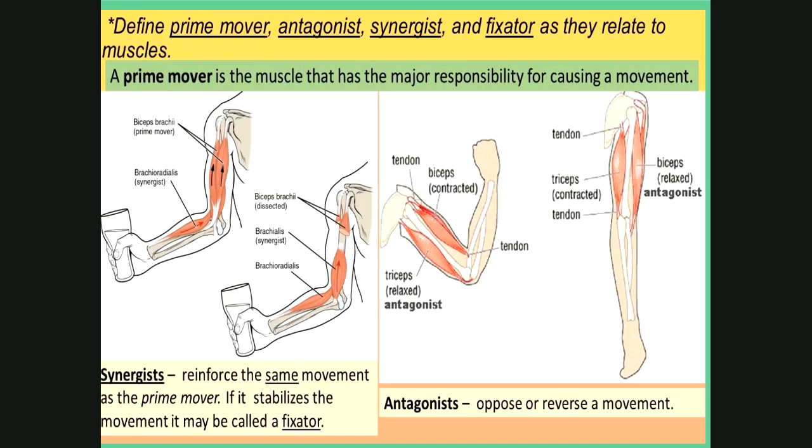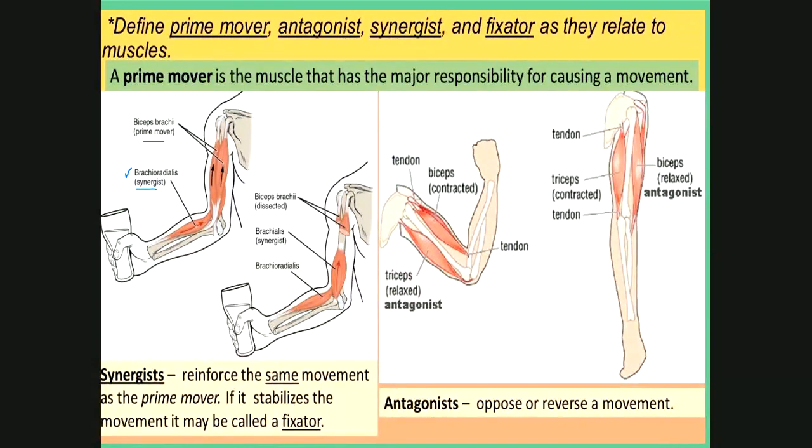So again, let's look at this image. The prime mover in this situation would be the biceps brachii when we're talking about elbow flexion. There's a muscle in this region that connects the humerus to the radius. It's called the brachioradialis. This is the helper muscle. It reinforces the same movement, and also stabilizes the movement, called a fixer.